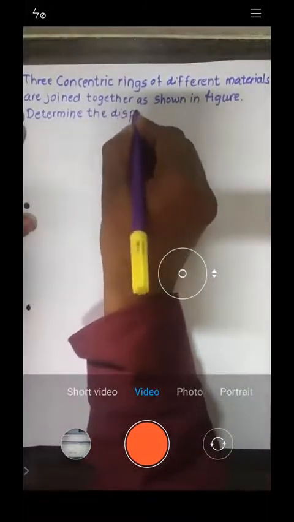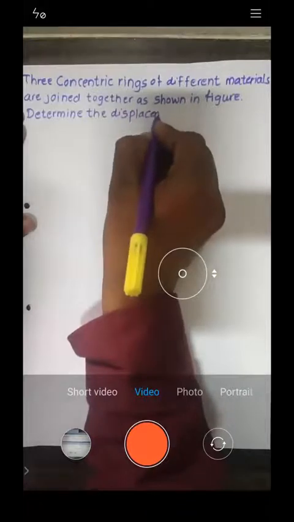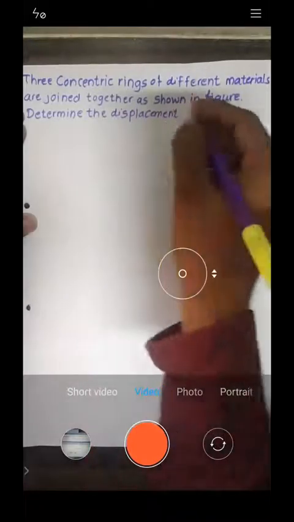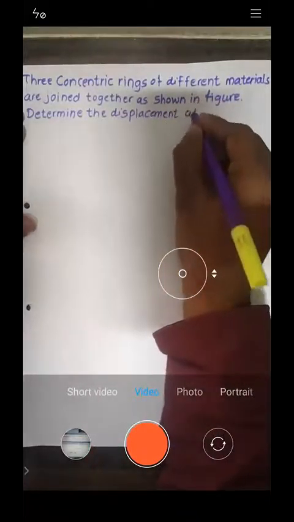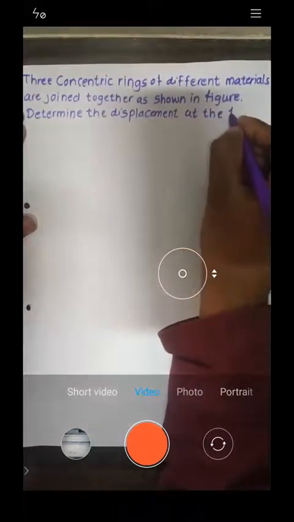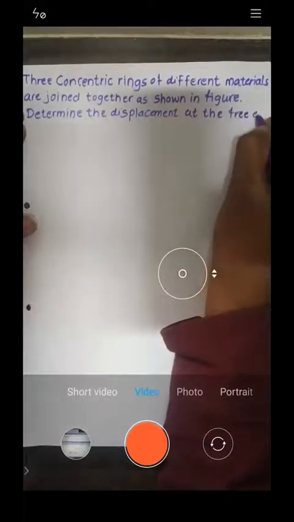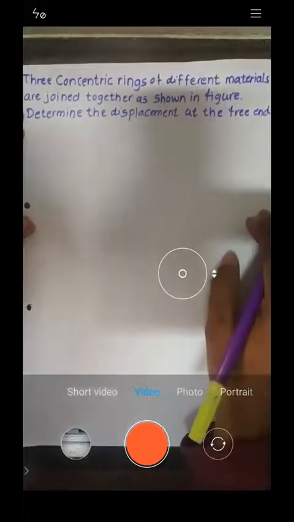Determine the displacement at the free end.